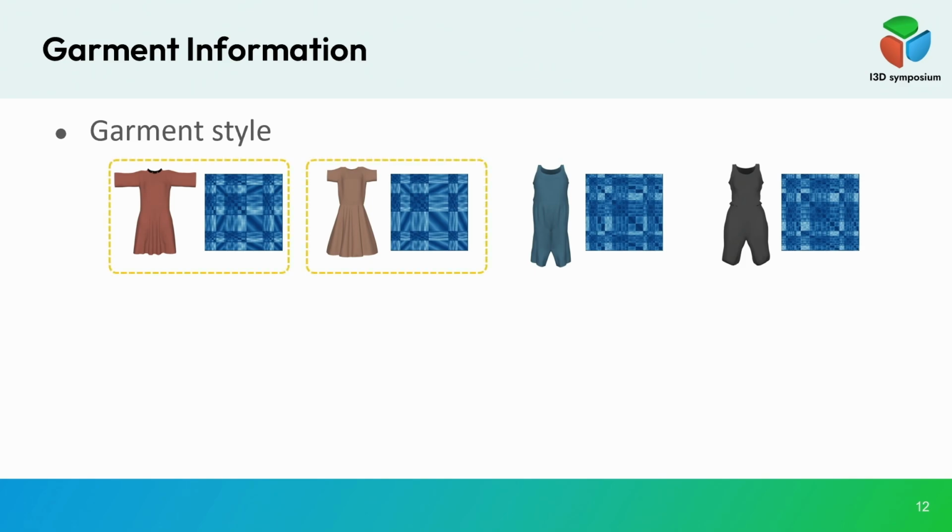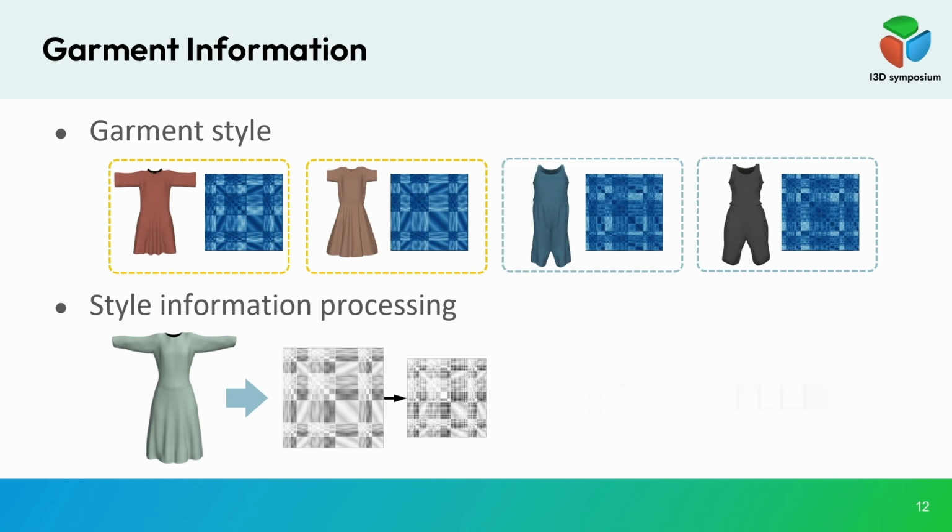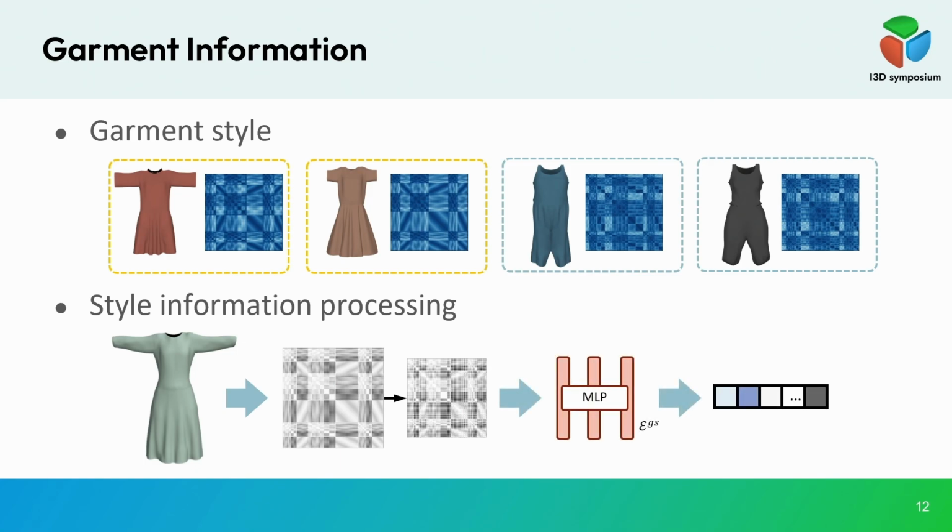As shown in the figures, there is a clear similarity between the affinity matrices of the dresses and jumpsuits. Thus, we use eigenvalues from the affinity matrix as a style descriptor and process them through a garment style encoder to create style-related cues.